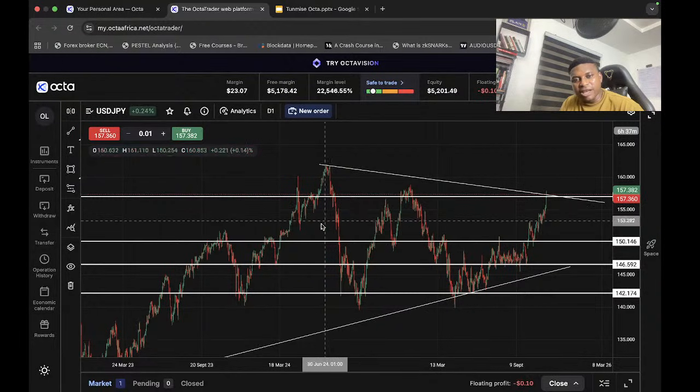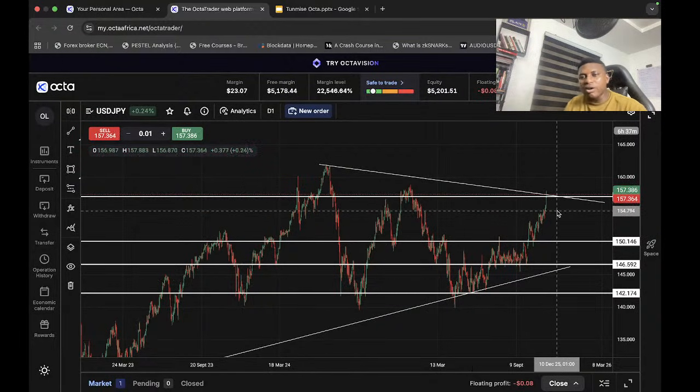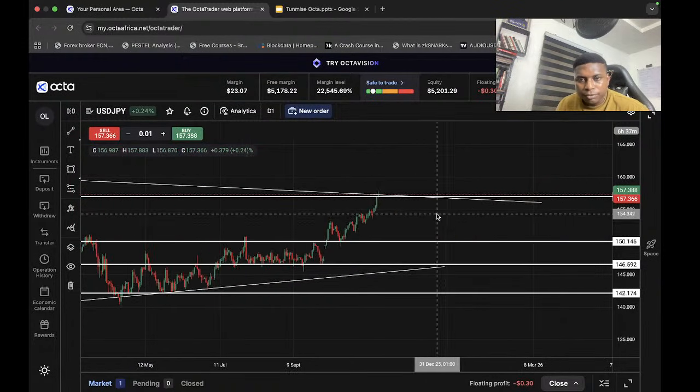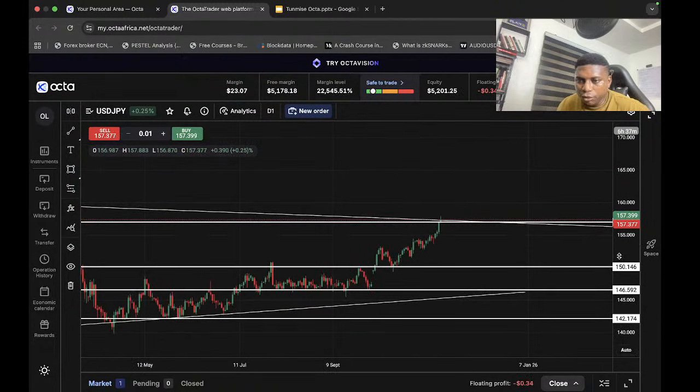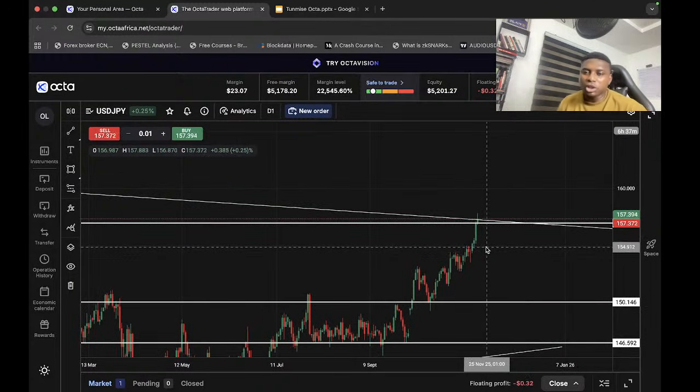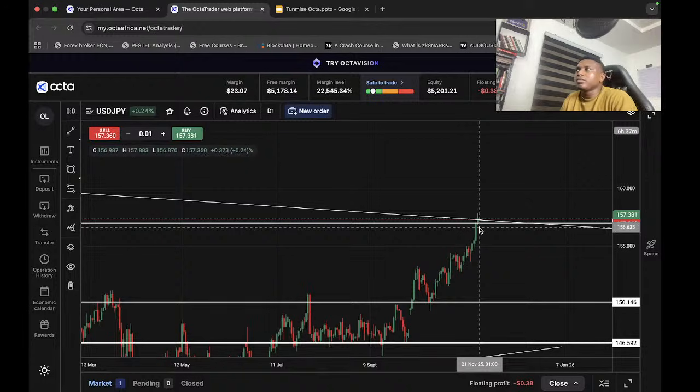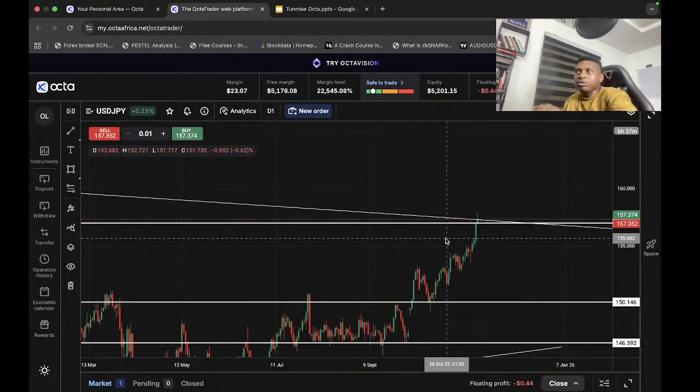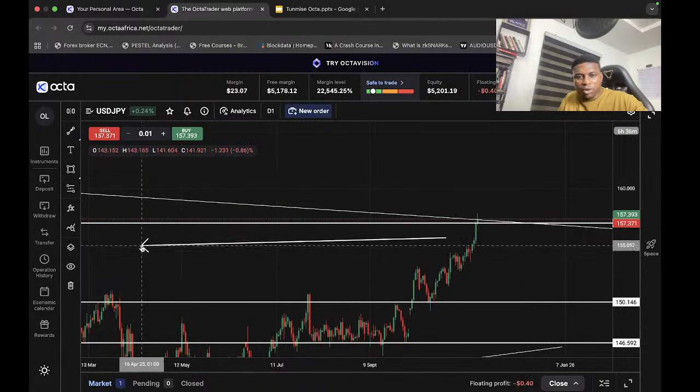Because the particular level where it's currently seated is more or less a very strong resistance zone. Now one thing we need to watch, I'm going to give you a tip: when the candle gets to an all-time high, look at the room to the left.